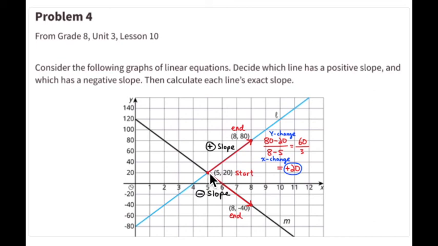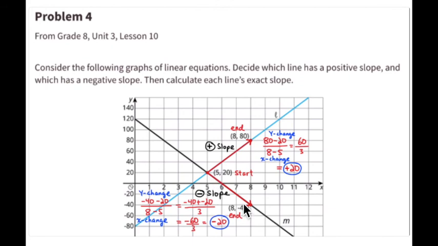So now notice for the line M, starting in the same spot, but now I'm going to subtract that point at the start from where I end, which is the point 8, negative 40. So notice that it's negative 40 minus the y coordinate, so that's 20. So negative 40 minus 20 is a negative 60 units.